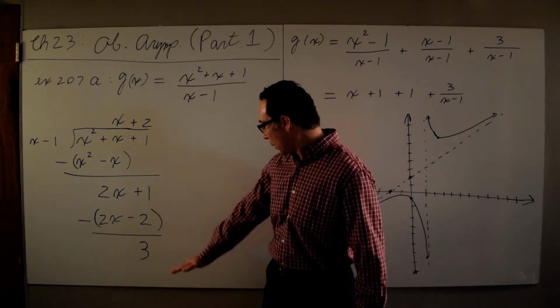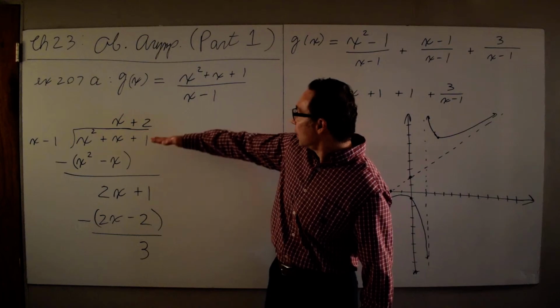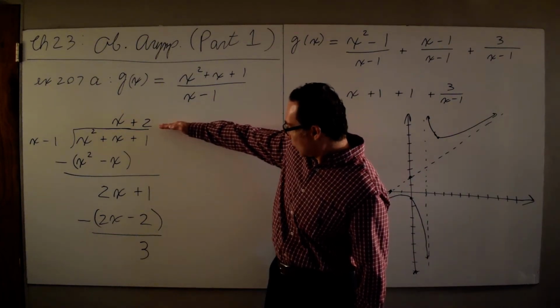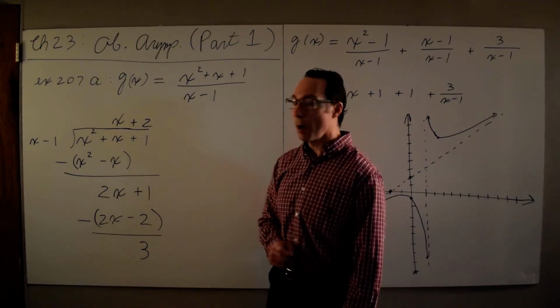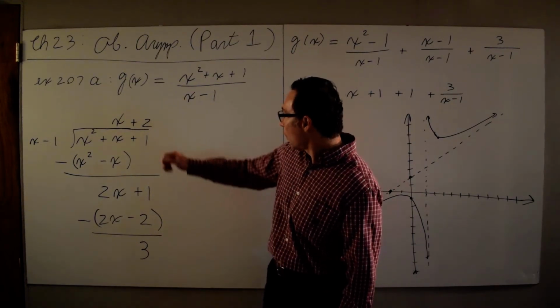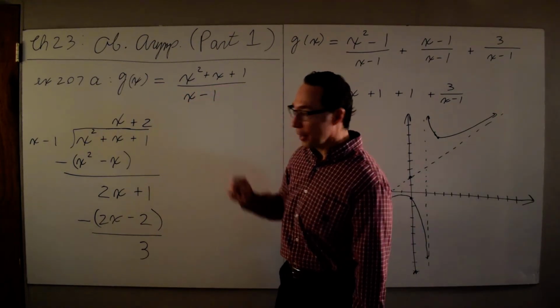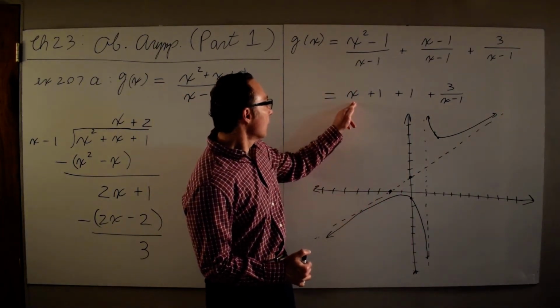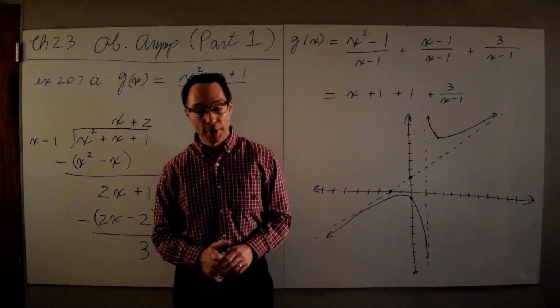And so we can write this function. When you see the notes, g was written as x plus 2 plus 3 divided by x minus 1. And so we wrote this as quotient plus the remainder divided by x minus 1. And that's what we have here. We have x plus 2 plus 3 divided by x minus 1.